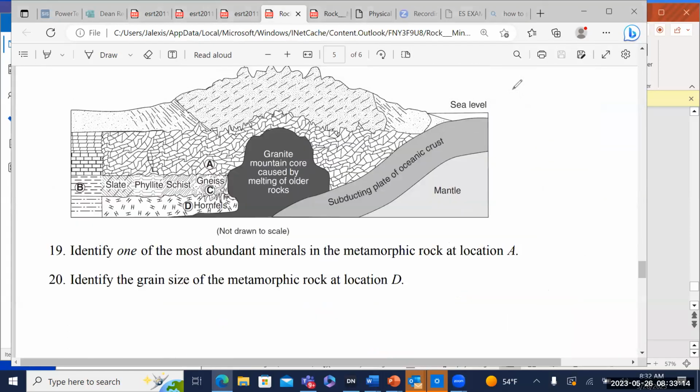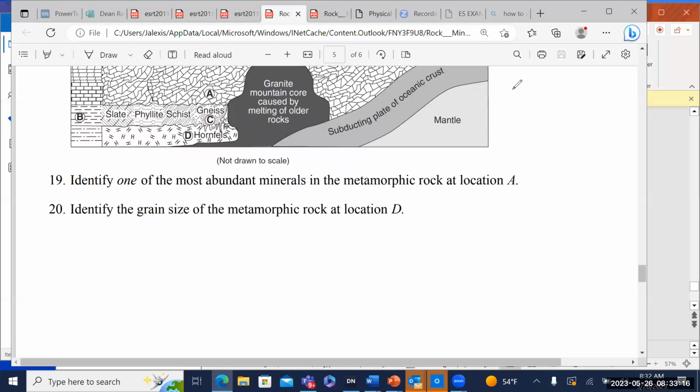Number 20 says, identify the grain size of the metamorphic rock at location D. So what is the metamorphic rock at location D? It is hornfels. Where is hornfels?